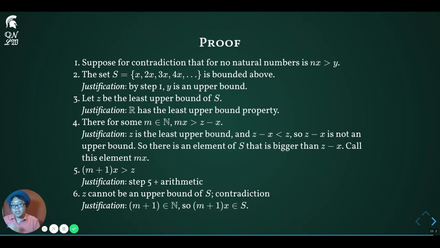Since mx is bigger than z minus x, a bit of arithmetic shows the quantity m plus 1 times x is greater than z. But since m plus 1 is still a natural number, m plus 1 times x is an element of S, which is greater than z, showing that z is not after all an upper bound. This is a contradiction, so the Archimedean property must hold.